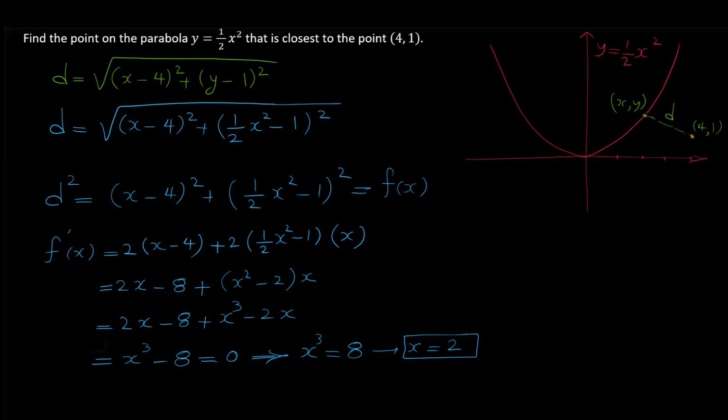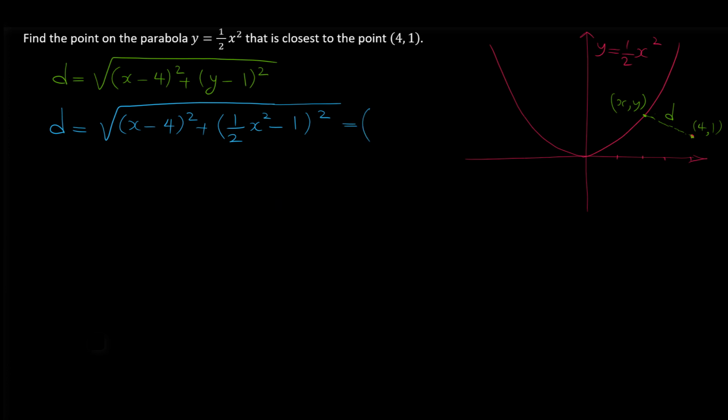Now let's find the critical point for the distance, the original expression. We can write it as (x minus 4) all to the 2 plus (1/2 x to the 2 minus 1) to the 2, all to the power of 1/2.